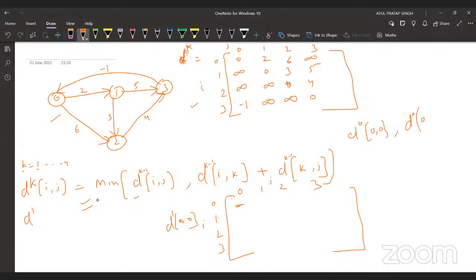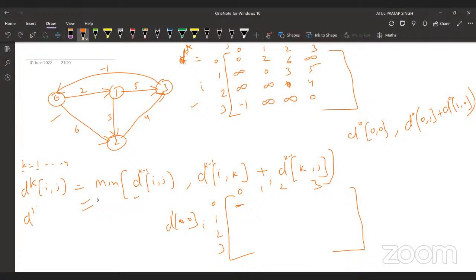So I is 0 here, and K is our 1, D0 of 0 comma 1, plus D0 of 1 comma 0. So we will apply this formula for calculating every position, and whichever value is coming less.